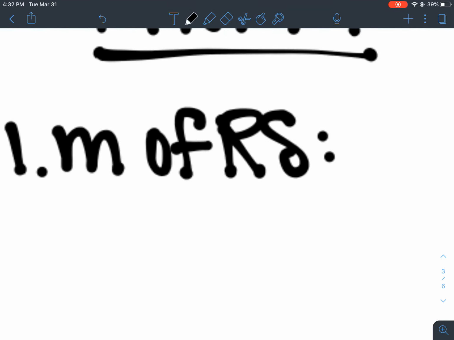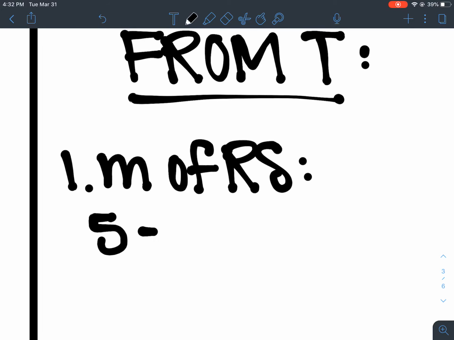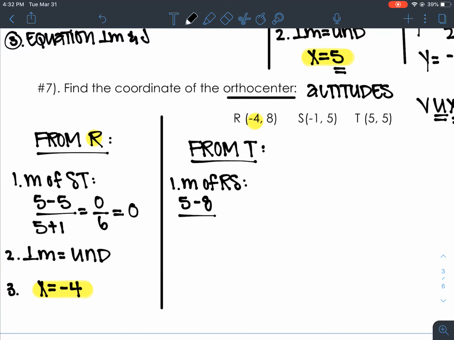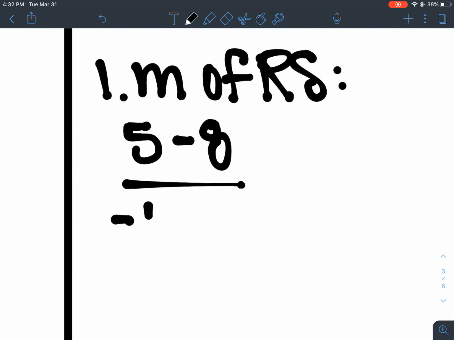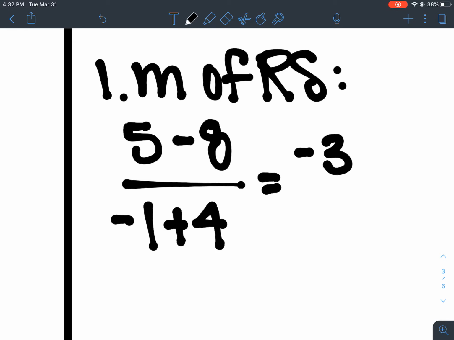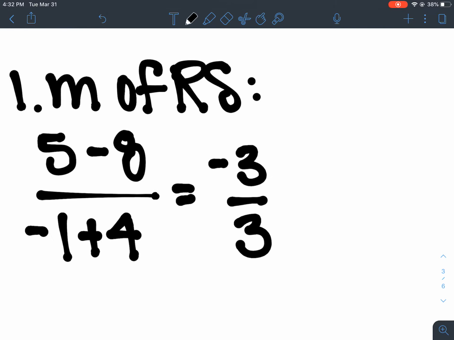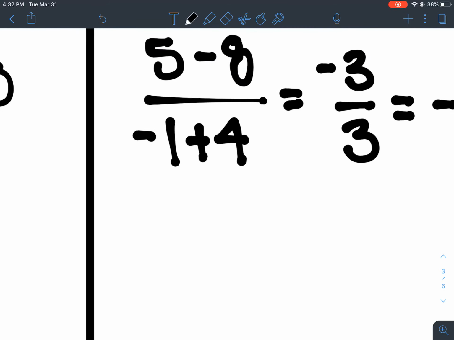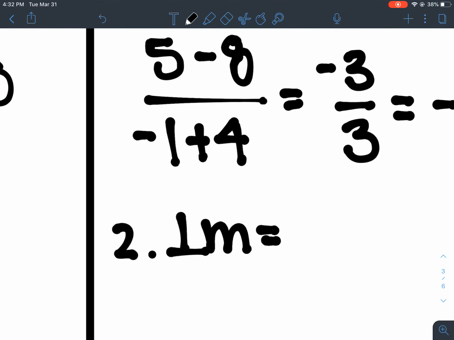I'm going to get 5 minus 8 all over -1 plus 4. So I'm going to get -3 over a positive 3, which means that the slope of RS is -1. But I don't want that slope. I want my perpendicular slope, which means that my slope is +1.